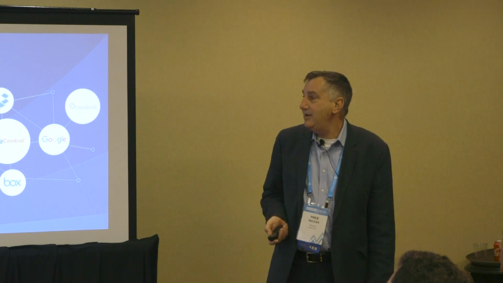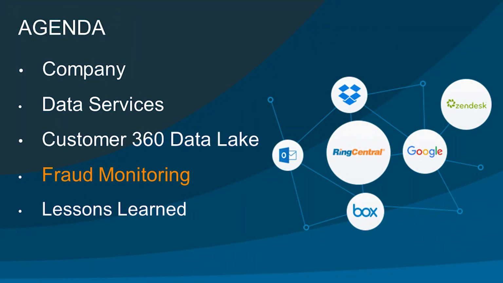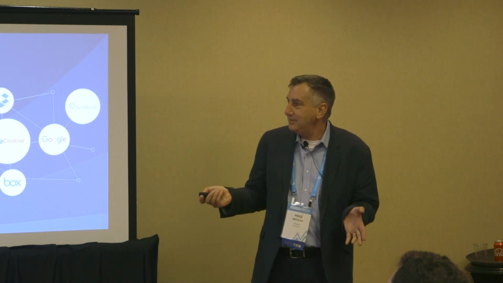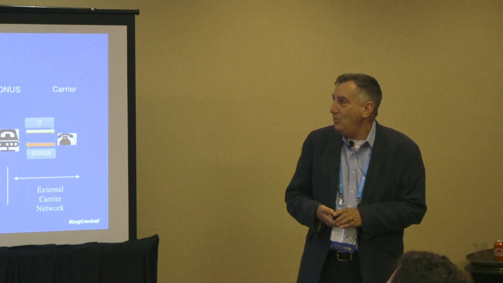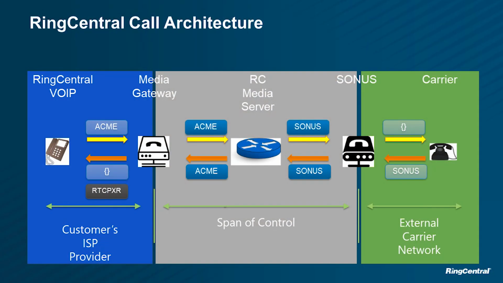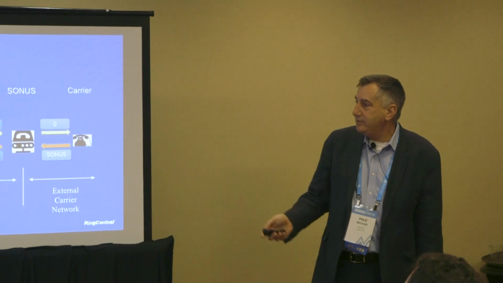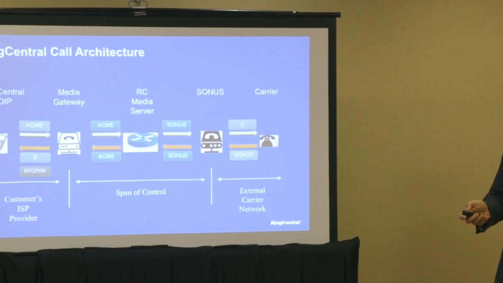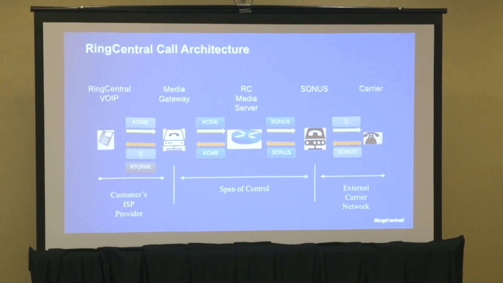Thank you, Eric. All right, and then fraud monitoring. This is a really cool story. So let's start off with, well, how does a call travel at Ringcentral? So on the left, we have our customers who either are connected through the ISP on a phone that's like a VoIP phone, or on their computer.